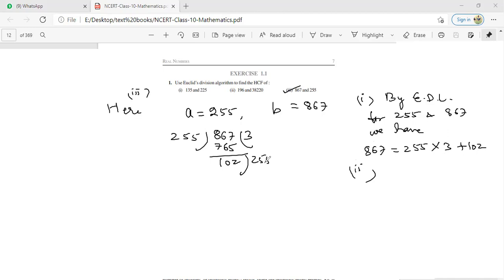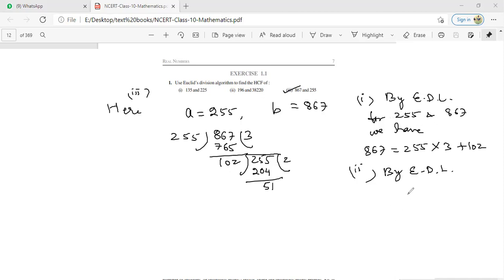255, write down 255 and it is divided by 102, it will go 2 times, 204. So 255 minus 204, 51. So by Euclid's division lemma, you should write in full. Don't use EDL.